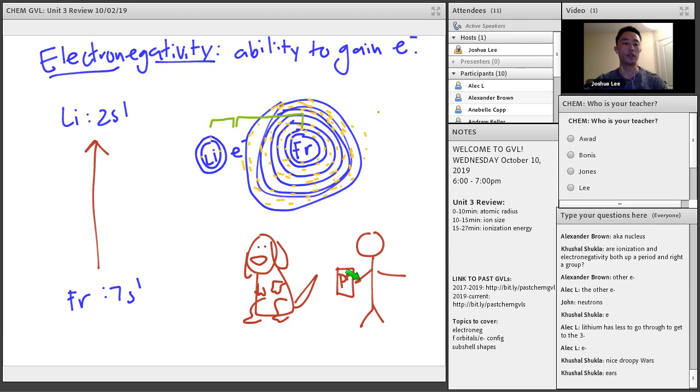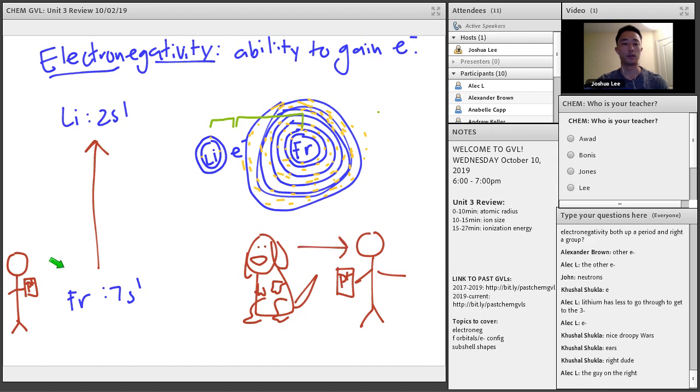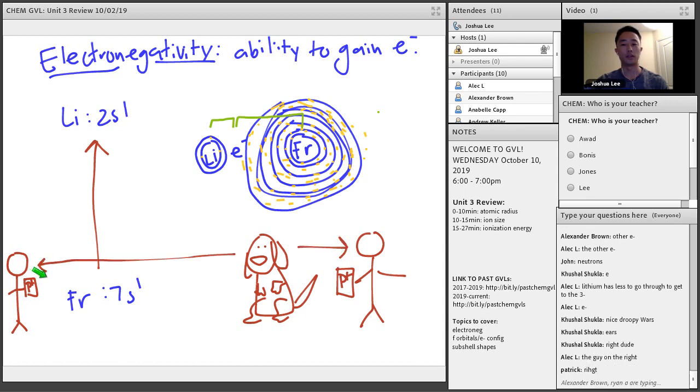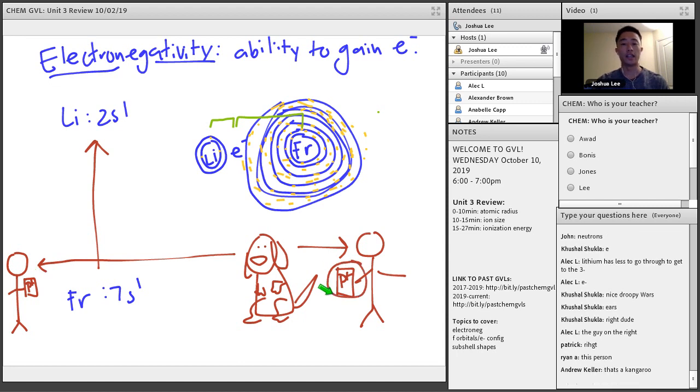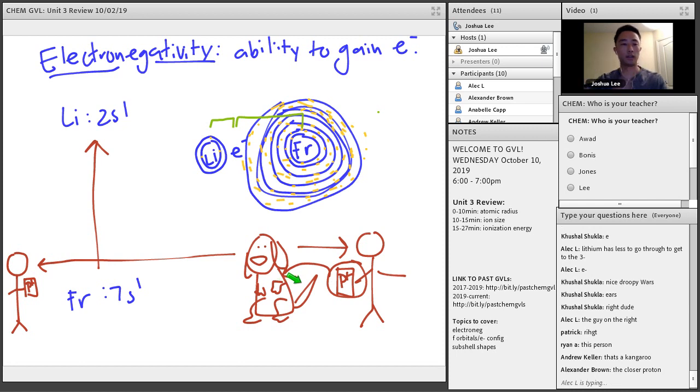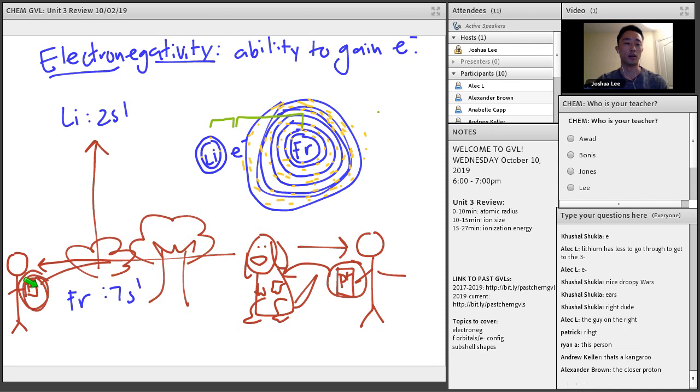And you have another person over here, also with a proton. Which one is this dog going to be more attracted to? This person or that person? Yeah, the person on the right, because that proton is a lot closer to this electron, versus this proton, which is trying to attract this electron, but there might be a bush or a tree in the way. So that proton is going to have a harder time attracting this electron.